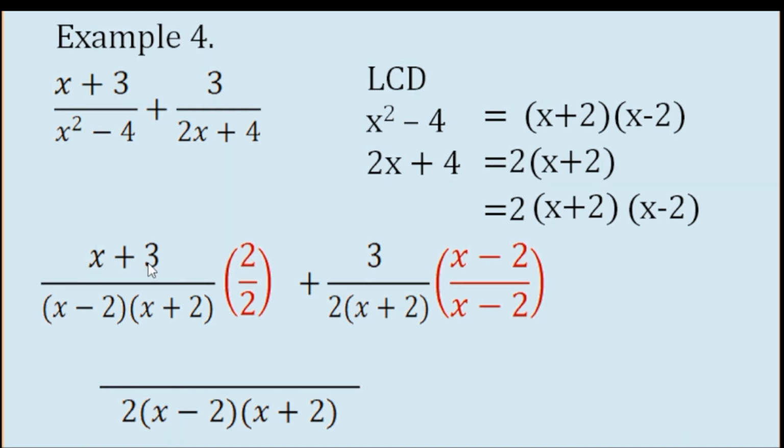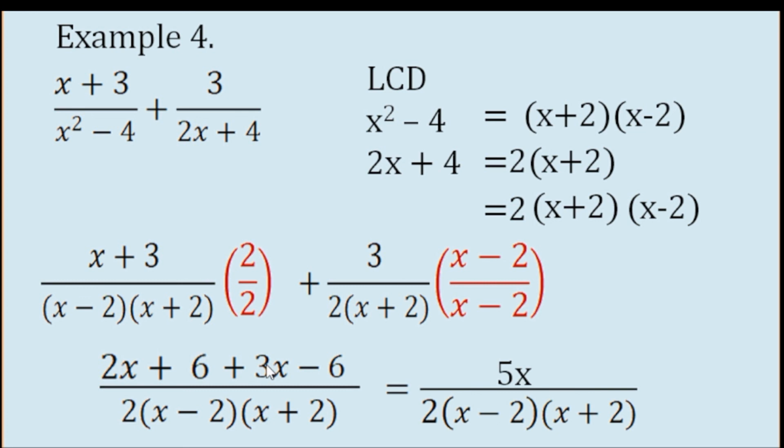The quantity x plus 3 times 2, that's 2x plus 6. And then here, 3 times x is 3x, and 3 times negative 2 is minus 6. Now we can simplify furthermore by collecting like terms. We have here 2x and 3x, that's 5x, and then 6 minus 6, that is 0. So this is our answer here.